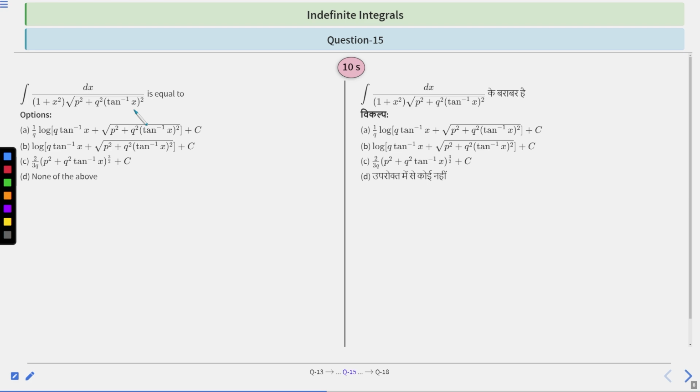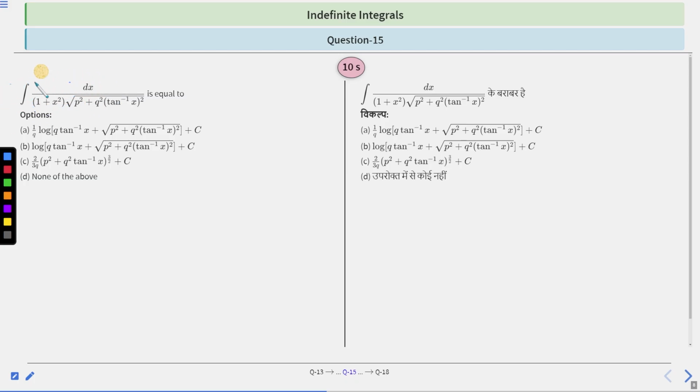Then q dx upon 1 plus x square, suppose q into 1 by q, this thing will be equal to dx. We have assumed q tan inverse x is equal to t, then this thing will be equal to dt. Clear?